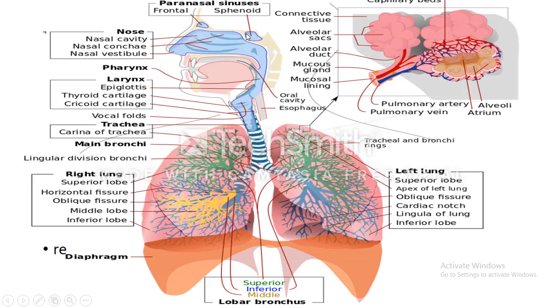Okay, these olfactory zone joined to pharynx, and pharynx divided two parts: nasopharynx, oropharynx. This is oropharynx. And this part, you see larynx. Larynx have superior and inferior part.